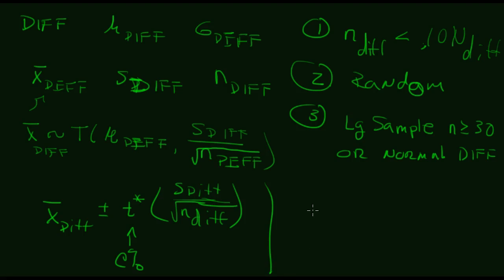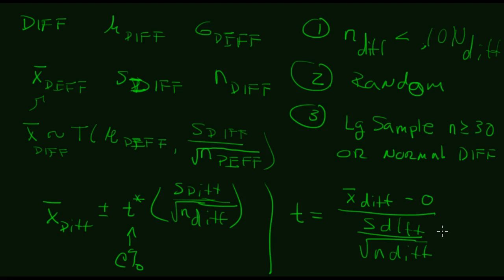Or if I'm doing a significance test, I take x bar diff, test against 0, over the number of standard errors, so s diff over the square root of n diff. And again, we reject the null if the probability of getting a t value like this or more extreme is less than my alpha, which we tend to make something like 5%.